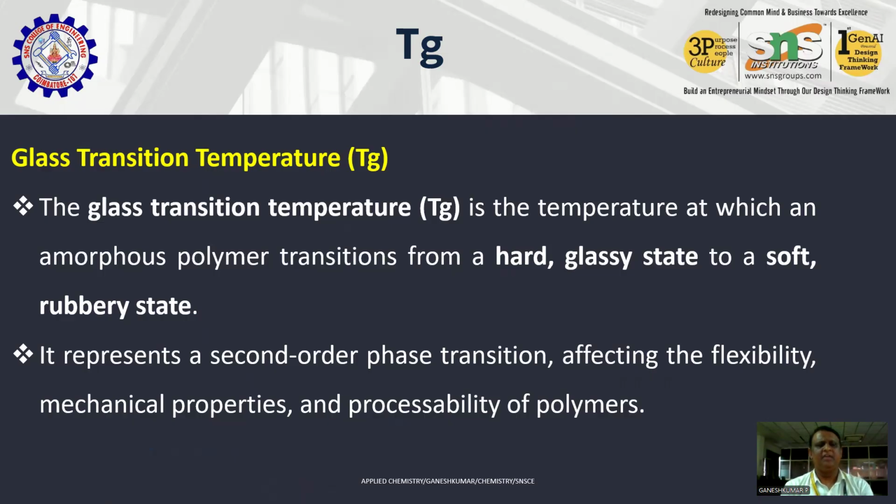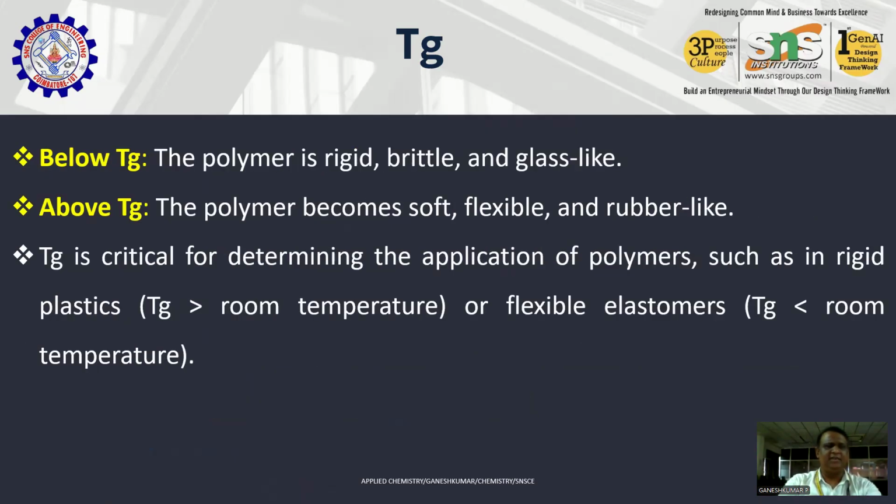Somewhat, we say it is like melting, to understand it. It represents a second order phase transition, and it affects the flexibility of the material, its mechanical properties and the processability of polymers. So understanding TG is very important to classify polymeric materials.